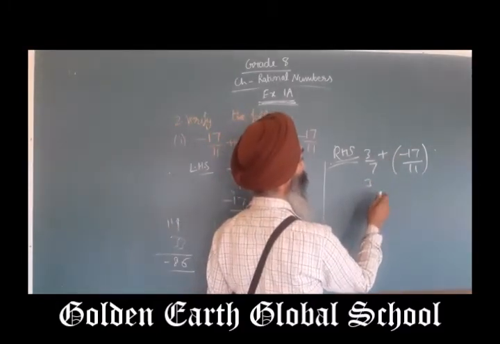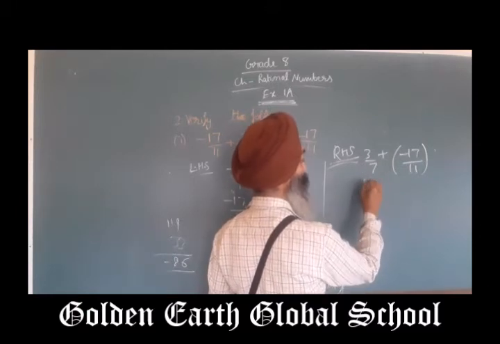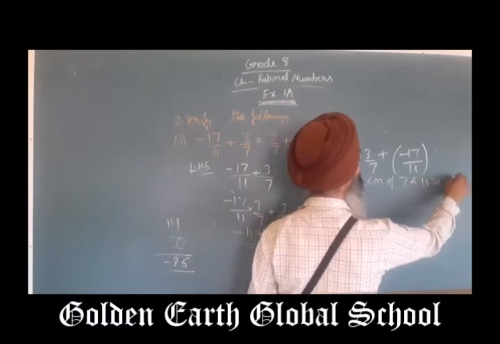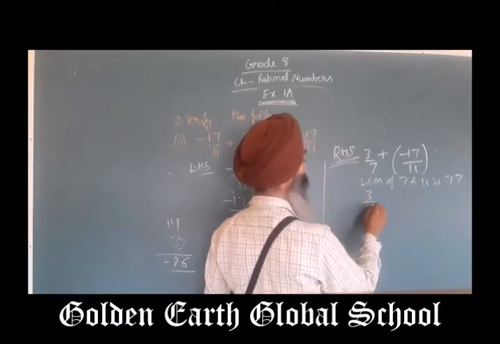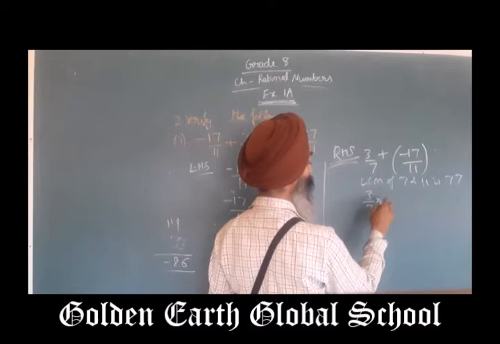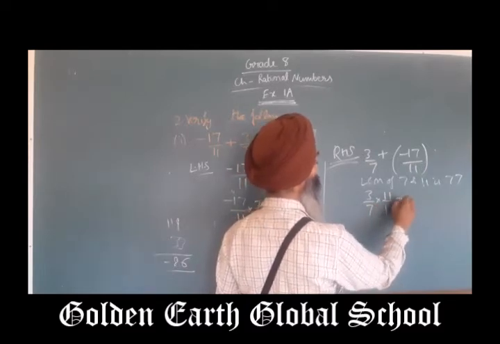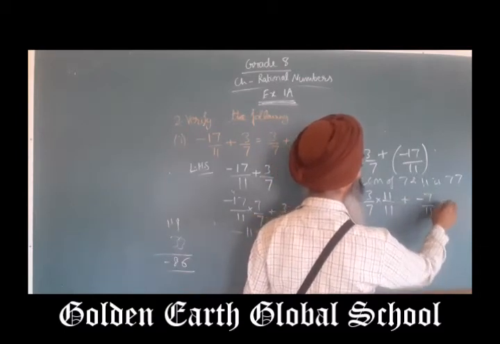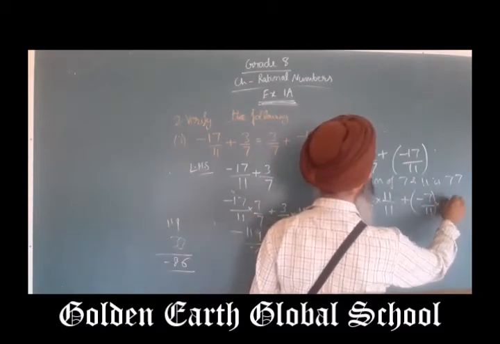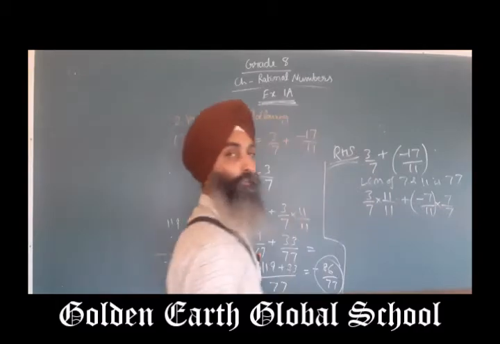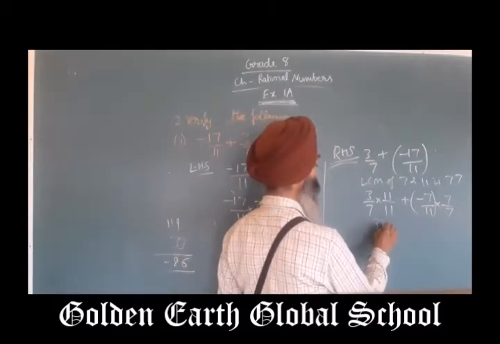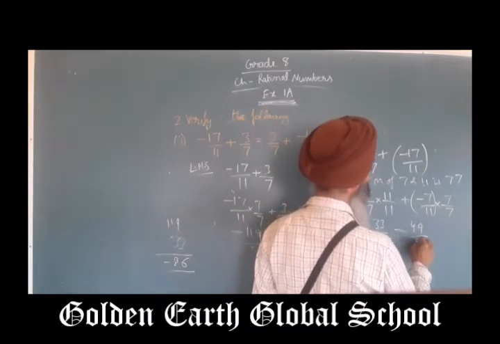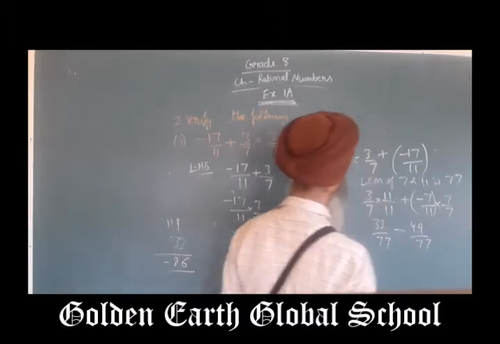So first of all, the LCM of 7 and 11 is 77. How to make the denominator 77? By multiplying 11, and for the other by multiplying 7. Done. Now it becomes plus 33 upon 77 minus 49 upon 77.